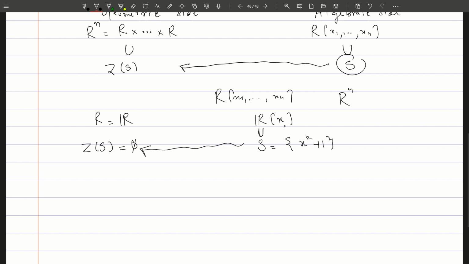So this is the case which is not of much interest, because to study the geometry of the empty set is meaningless. So when Z(S) is empty, the situation is hopeless.